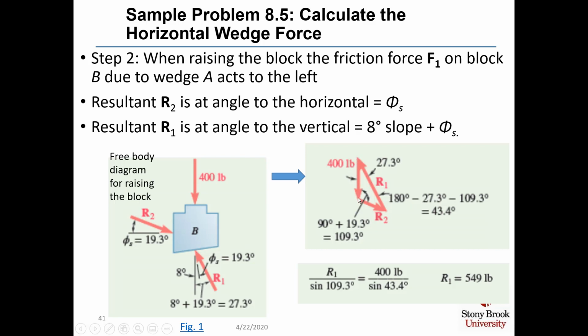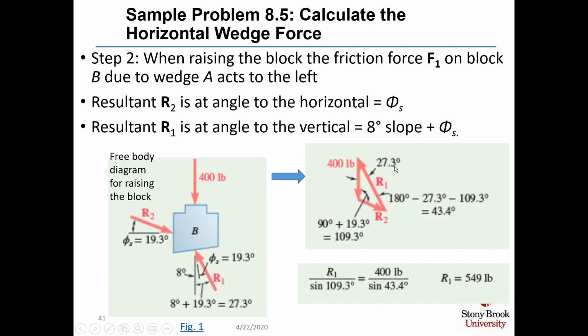Here's the 400-pound force acting down. The 400-pound force relative to R2 is at 90 plus 19.3 degrees, because R2 has to be moved. That 19.3 degrees relative to the horizontal adds to the 90 degrees to create a 109.3 degree angle. We have our 27.3 degree angle for R1 relative to the vertical, and that's what this 27.3 degrees is.